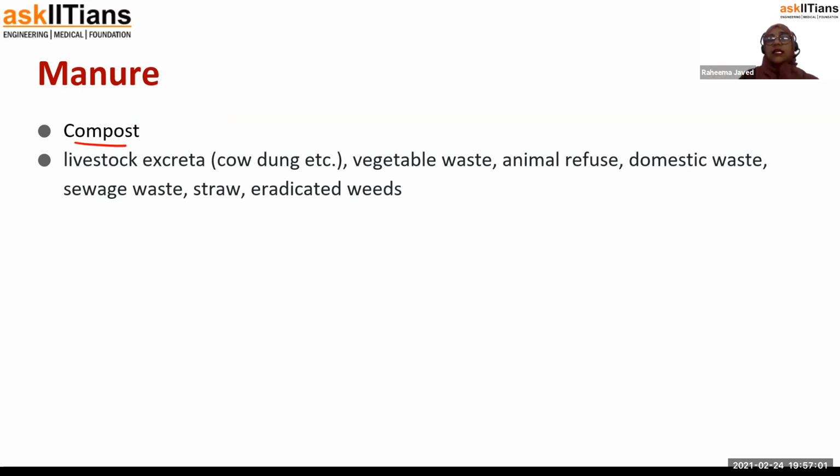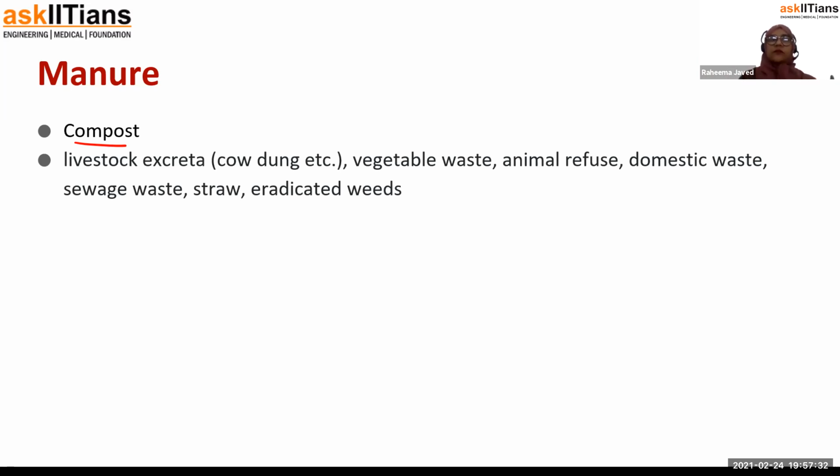Second, when I say that it is improving the texture of the soil, it means that it is improving the water holding capacity of the soil. Suppose there is a clayey soil; if you put water into it, it will become waterlogged. When you mix manure into it, it improves the water holding capacity and reduces the water logging of the clayey soil.